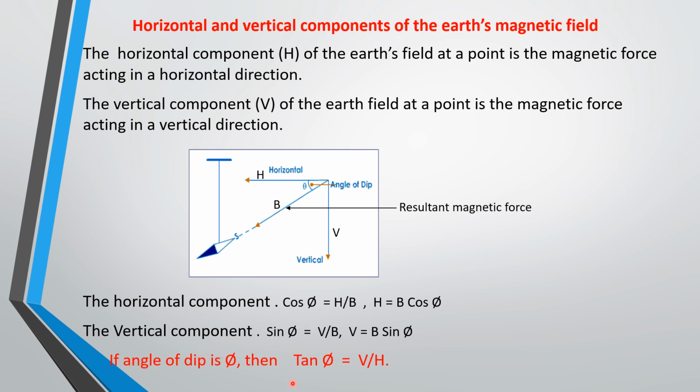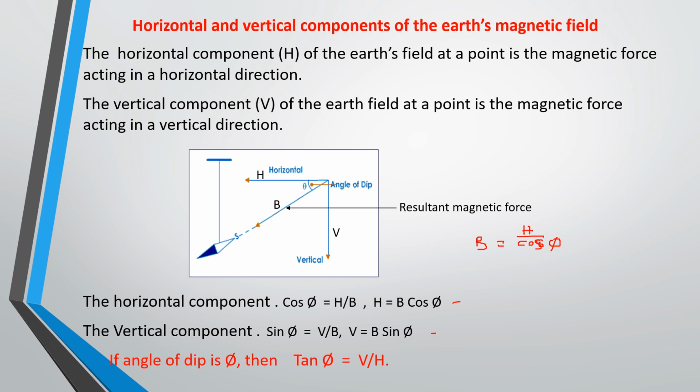Right, then we can actually do this so that the angle of dip, if the angle of dip is theta, then tan theta is equal to V over H. So if we take these two equations, we'll find out that for the horizontal component, B is equal to H over cos theta, because maybe that's H over this.